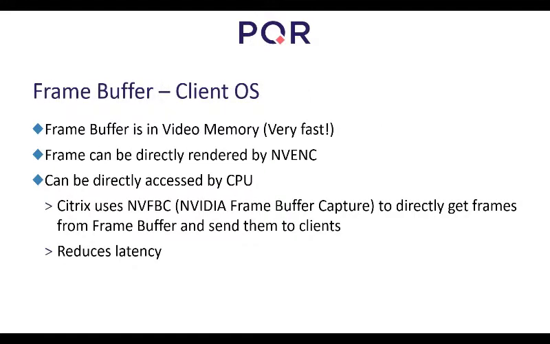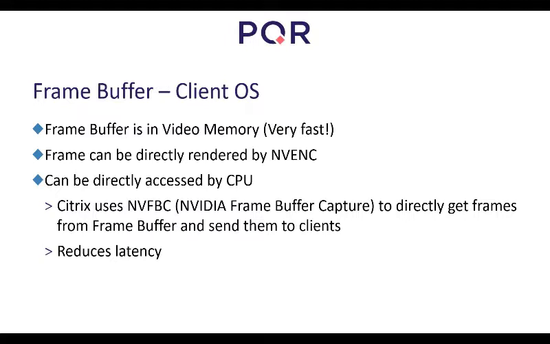So if we look at how this works on the client OS, the frame buffer is in the video memory, which is very, very fast, and the frame can be directly rendered by NVENC if we use NVIDIA. So NVENC is the NVIDIA encoder, which is a special chip on your GPU, specially made to encode all the streams, and it can be directly accessed by the CPU.